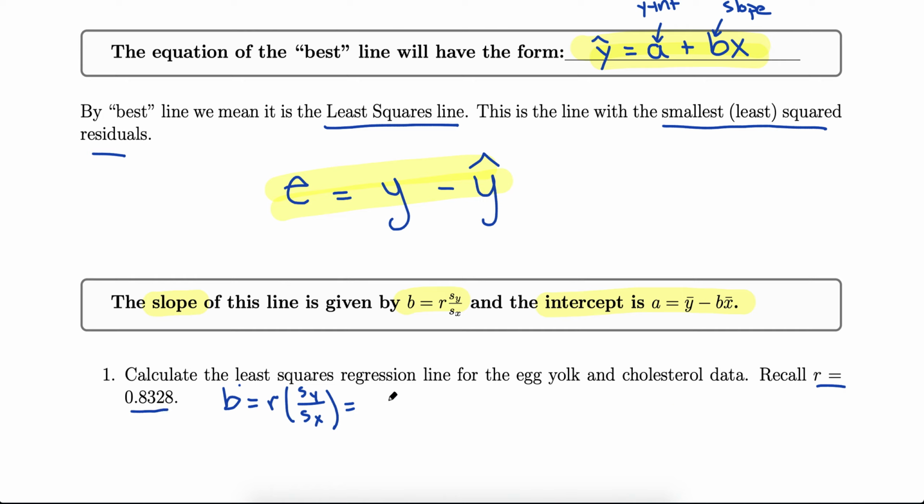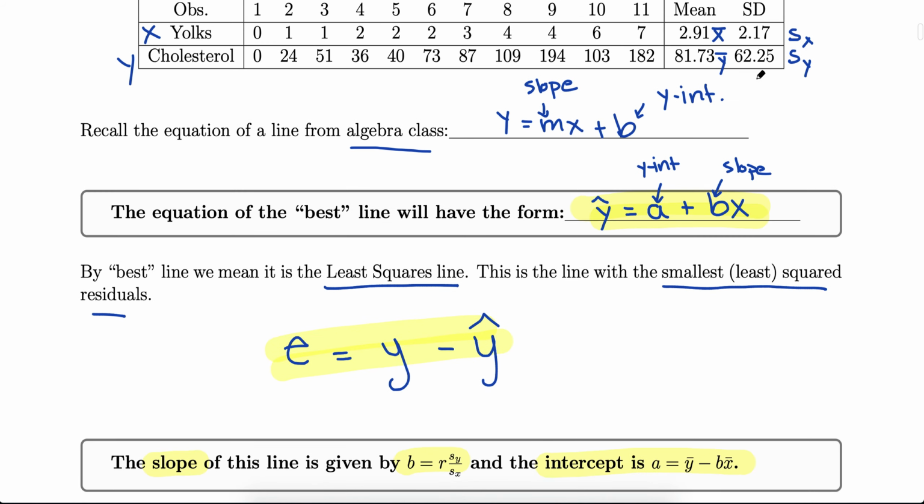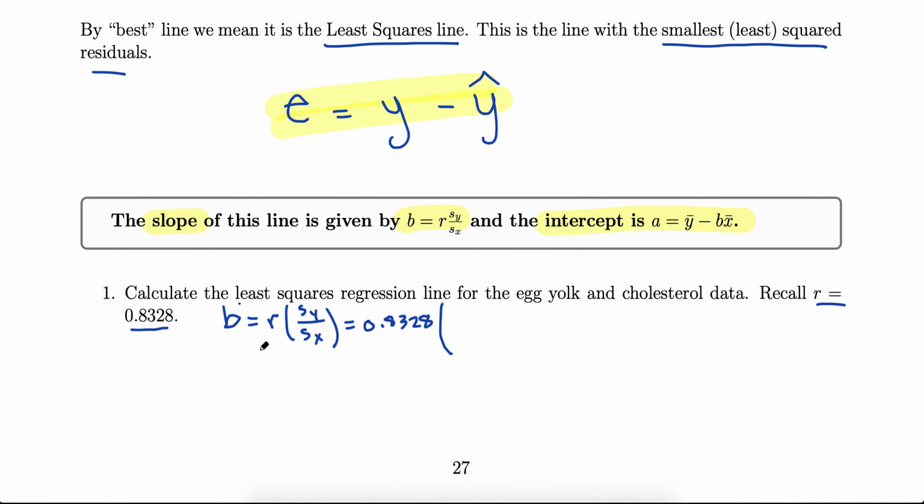Correlation was this value, 0.8328. And then standard deviation of the y's, we defined above, was 62.25 over standard deviation of the x's, 2.17. So that ratio, 62.25 over 2.17.